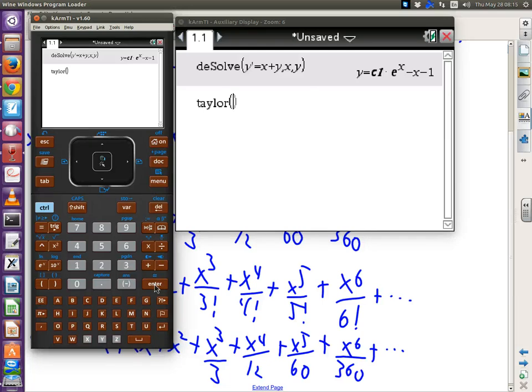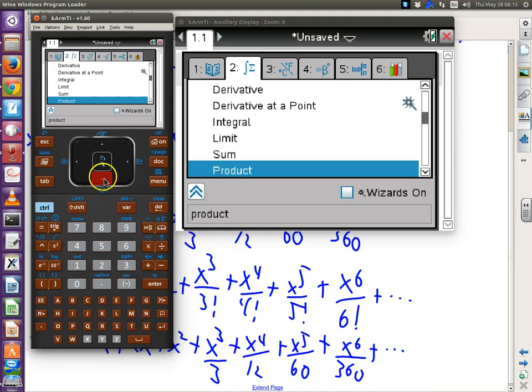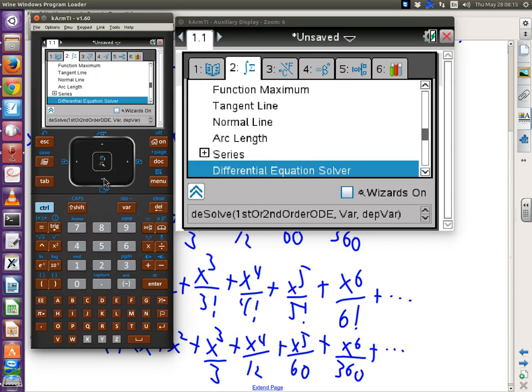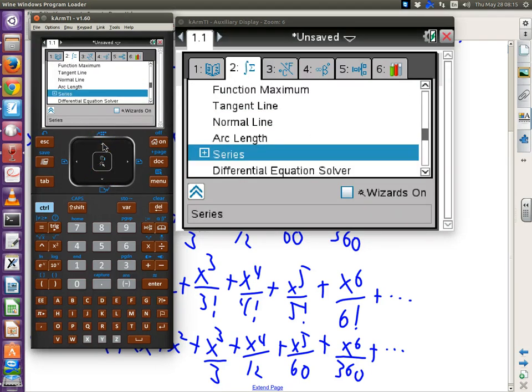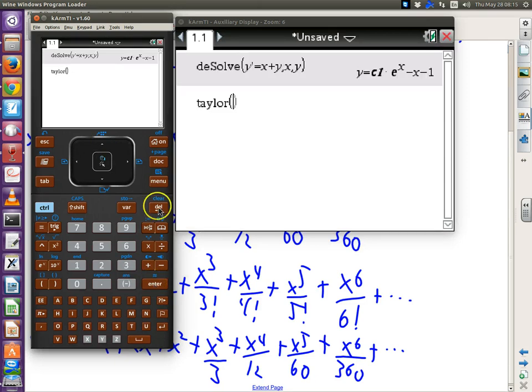All right, get rid of this. Oh, wait, does it take all day to do it? All right, so library, and then go down to Taylor. Oh, series. Enter. And Taylor. I missed it, dang it. I hit enter too fast.